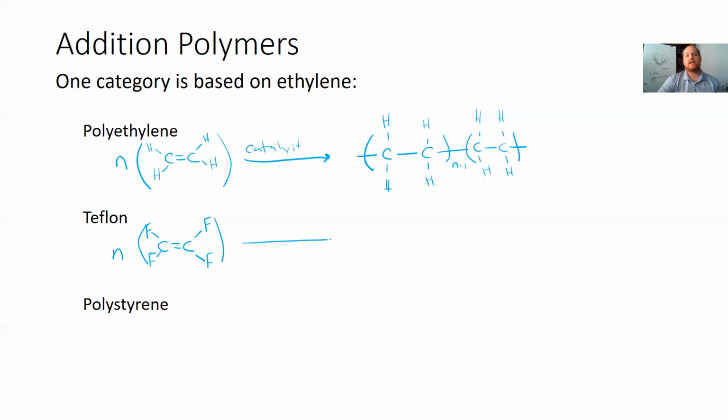If you add a catalyst to it, you can make the polymer Teflon, which has the same basic structure as polyethylene, except now your carbons are all bonded to fluorines. Since those fluorines are really small and really electronegative, we actually have a term for them: we say that they're hard atoms.